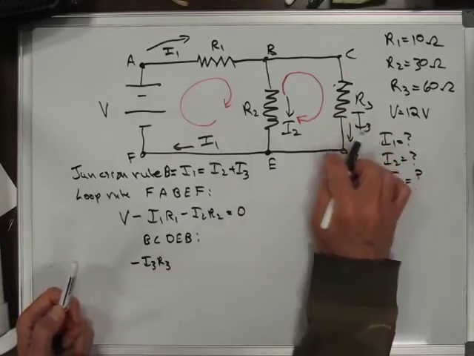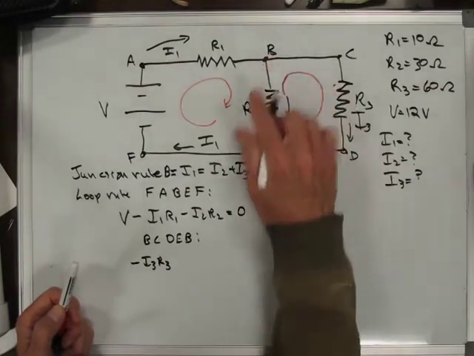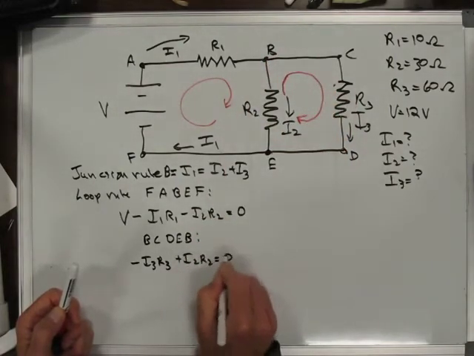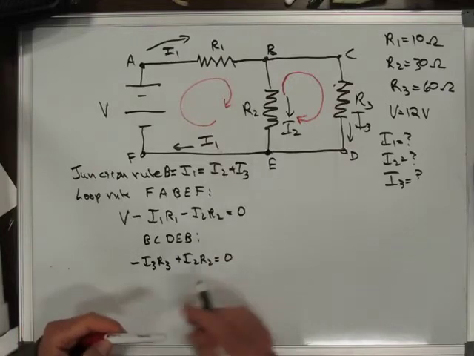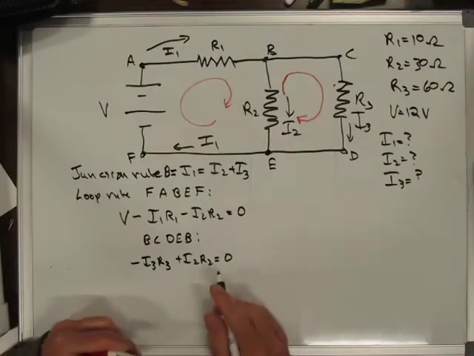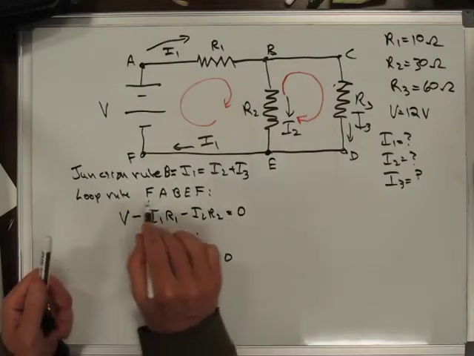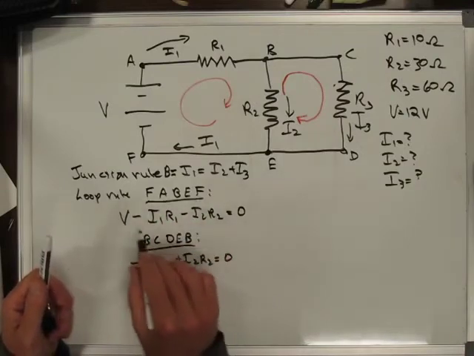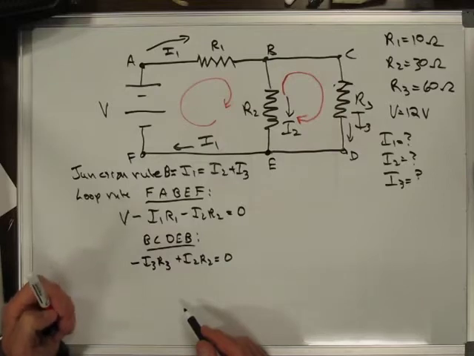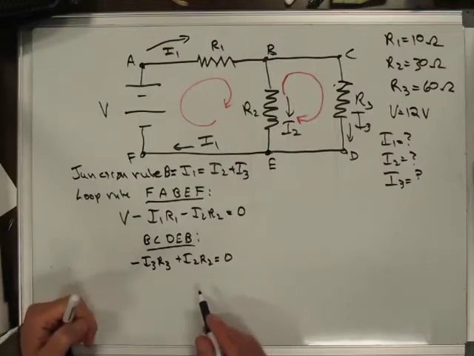That gets me to here, nothing happens to here. And then plus I2R2, and so here's one equation. So I now have 3 different equations and 3 unknowns, and in principle at least I can solve this. Maybe an algebraic challenge.